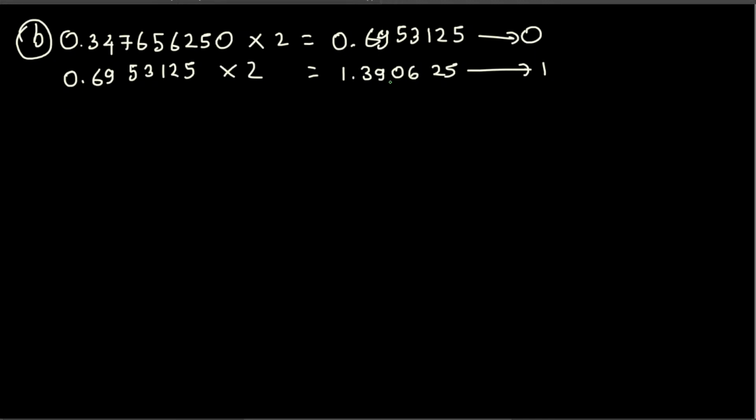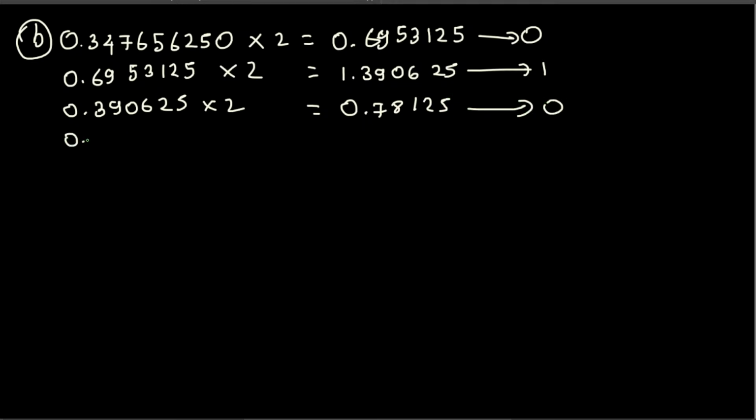Okay, so we grab this 0.390625, then multiply by 2, and that gives us 0.78125, and then 0 right here. Then 0.78125 multiplied by 2 gives us 1.5625, then 1 right here.